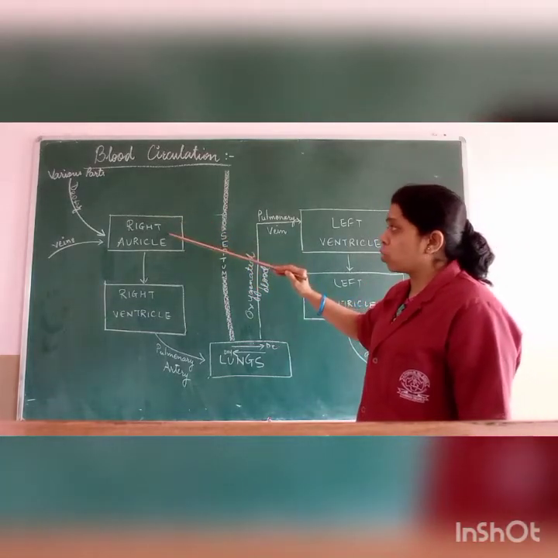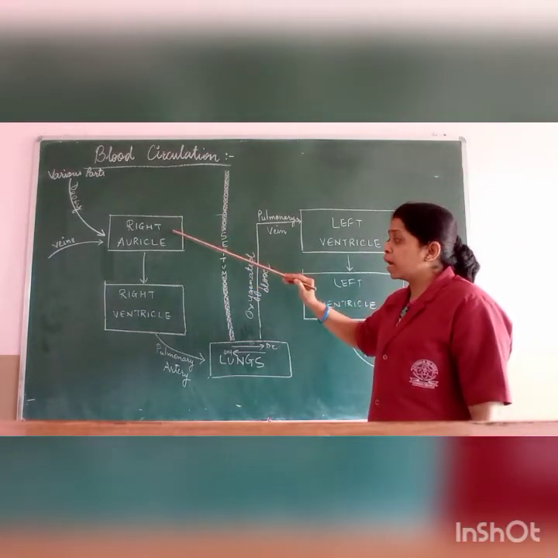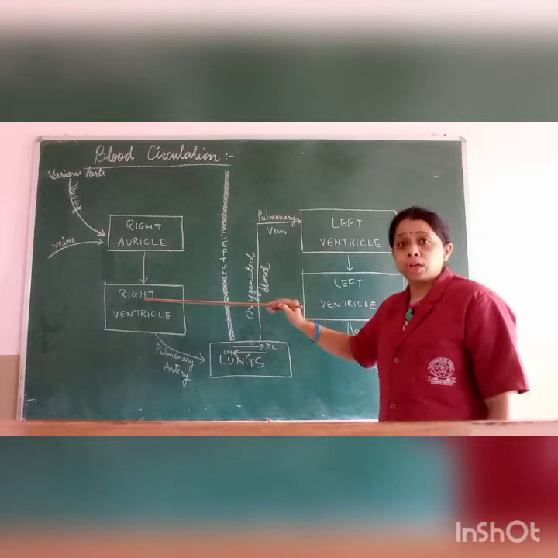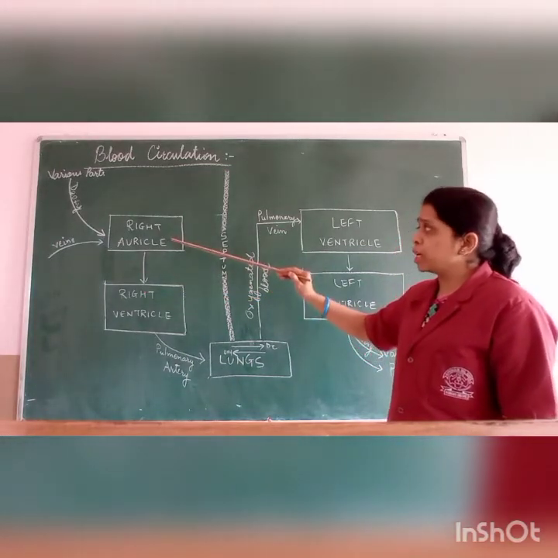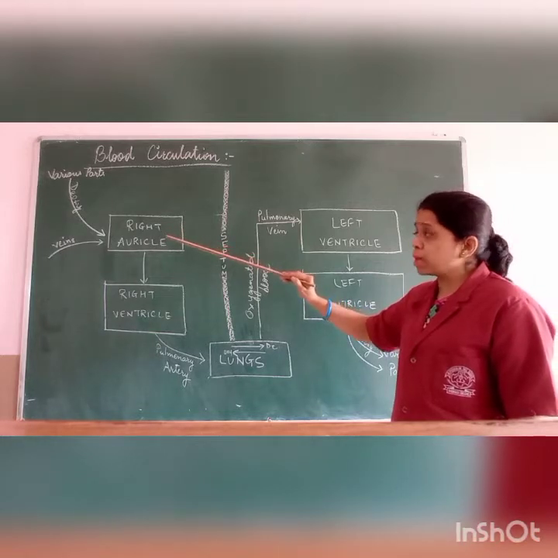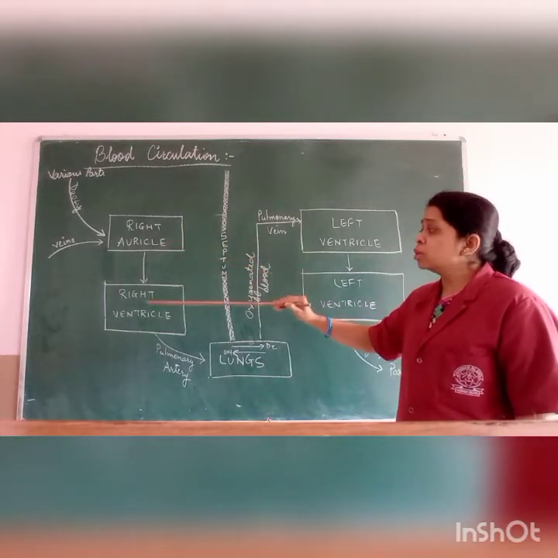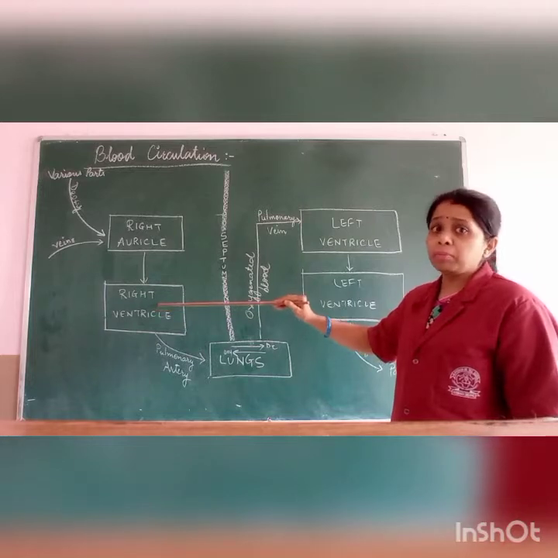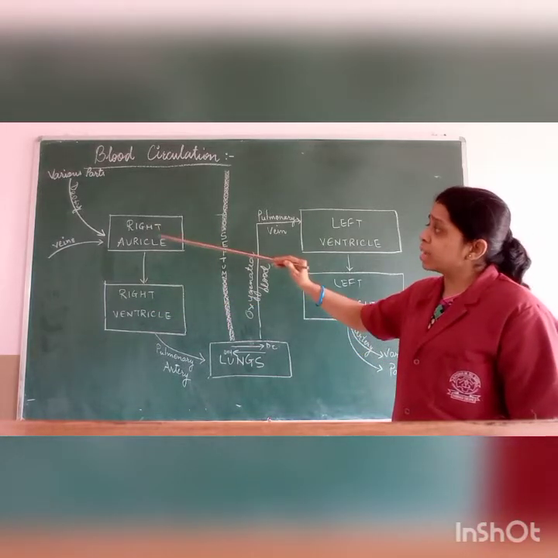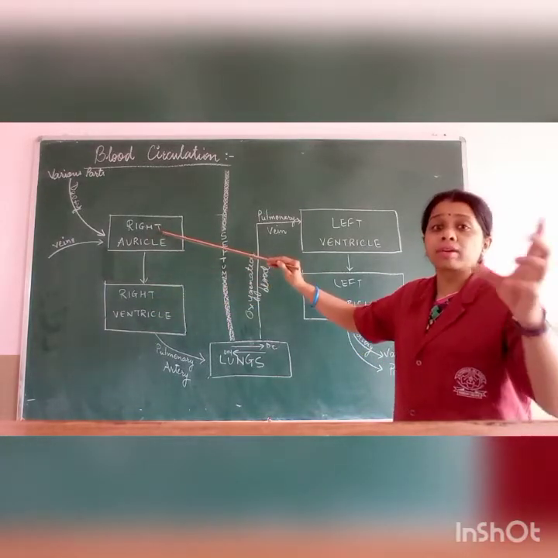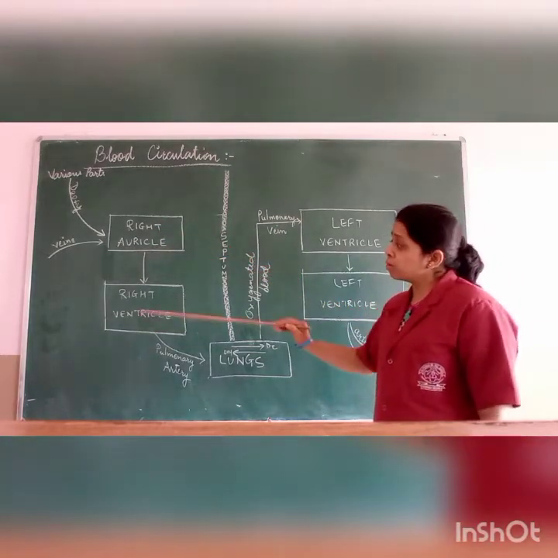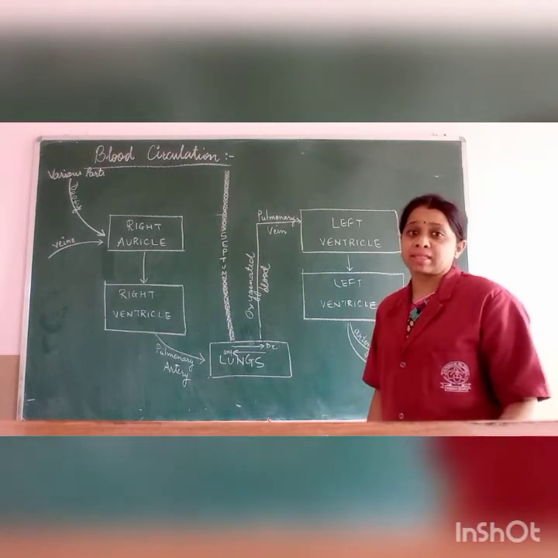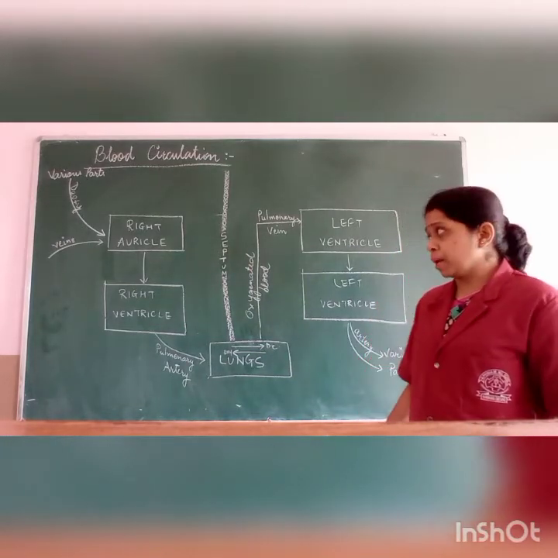From the right auricle, now the blood will pass into the right ventricle. At the moment when the blood is passing from right auricle to right ventricle, it is sending the blood, so the right auricle will contract, but the right ventricle will relax as it is receiving the blood.